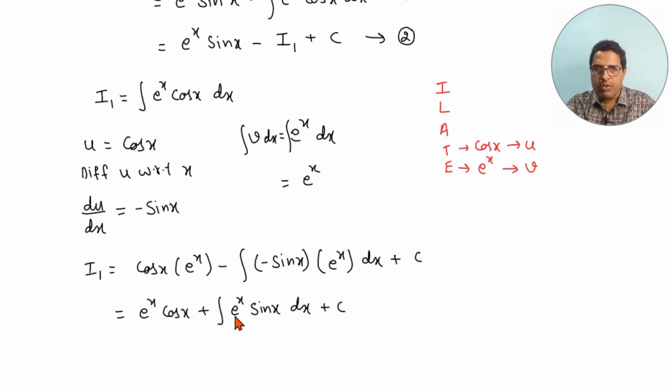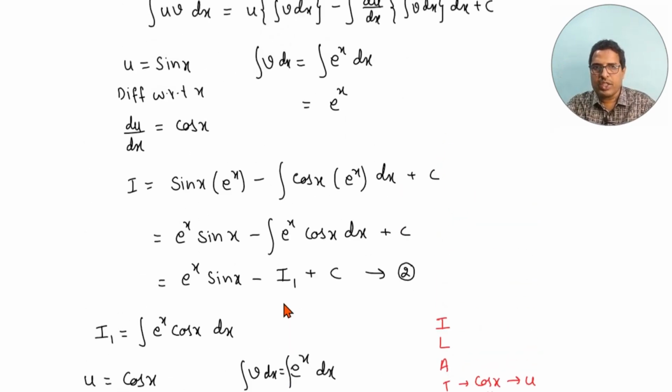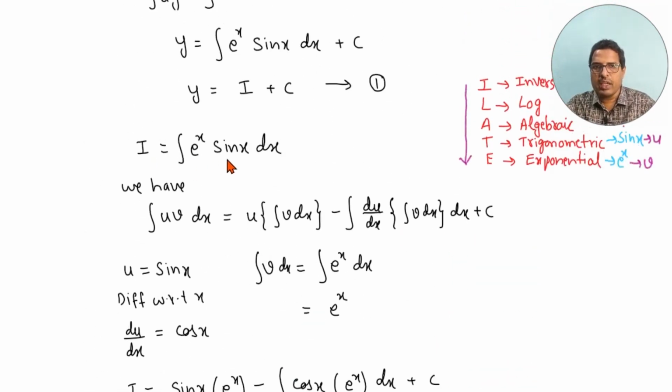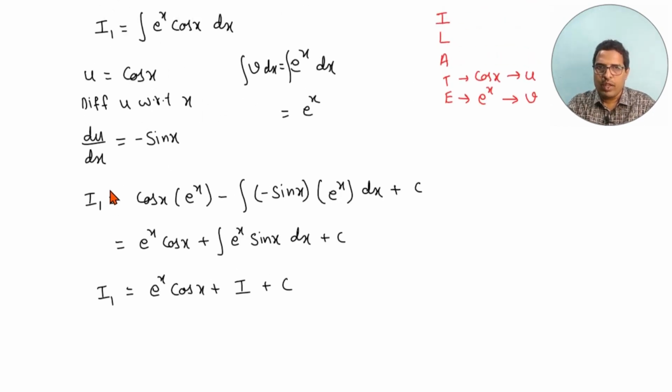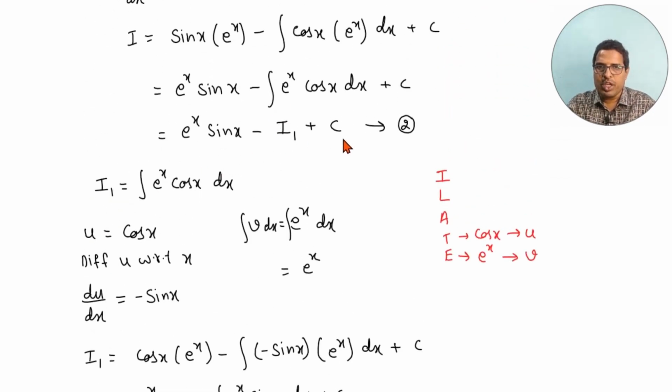But this integral of e to the power x into sin x, we have taken that as I, right? So let us replace this integral value as I. Therefore we have I1 is equal to e to the power x into cos x plus this value is I plus c. Now this I1 value has to be substituted here in equation number 2.